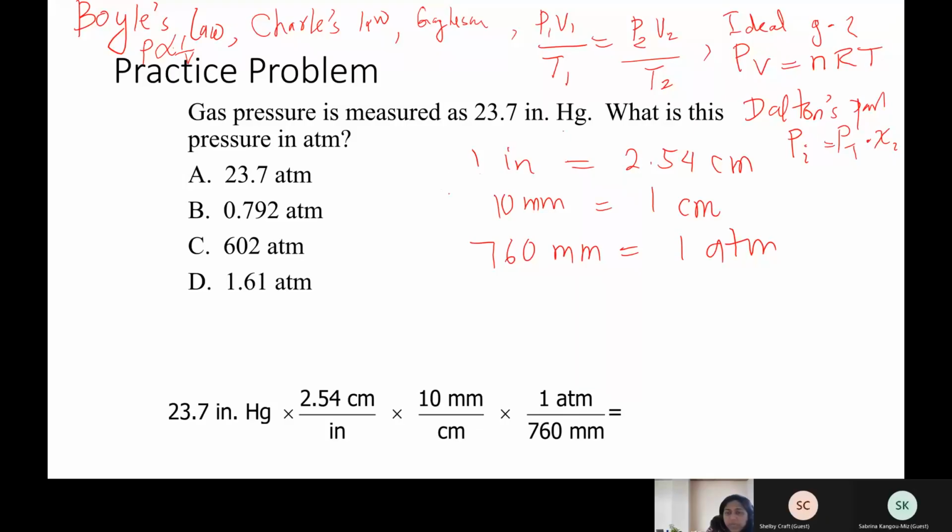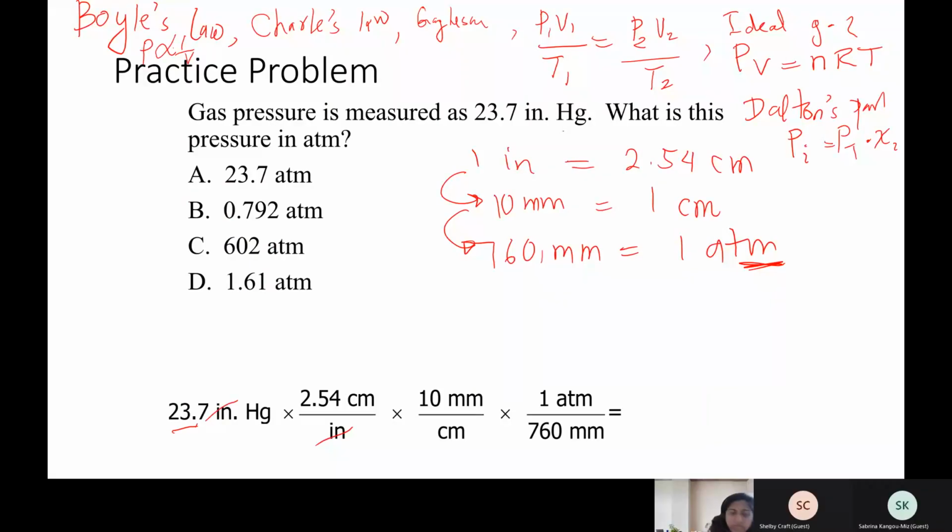So we have to go through two other steps to build a relationship between the inches and the atm pressures. We start with 23.7 inches of mercury, then use the relationship between inches and centimeters.